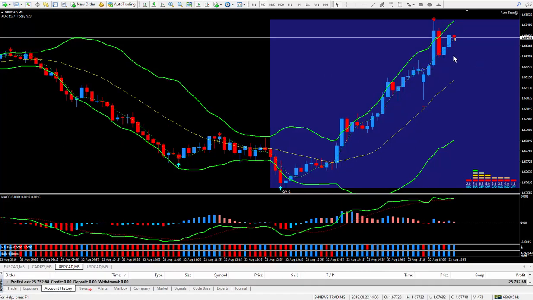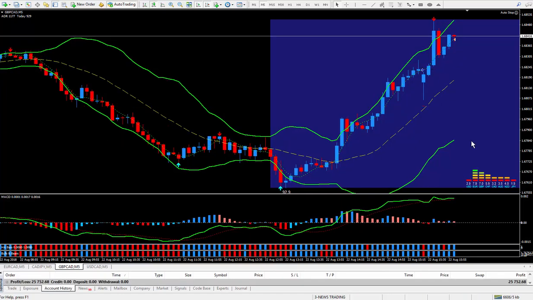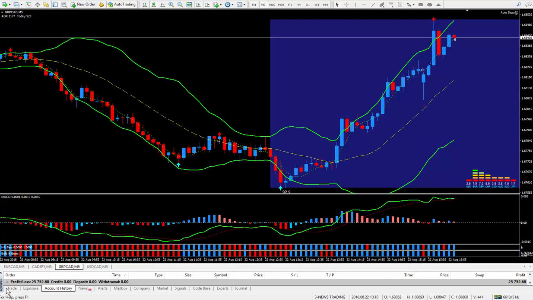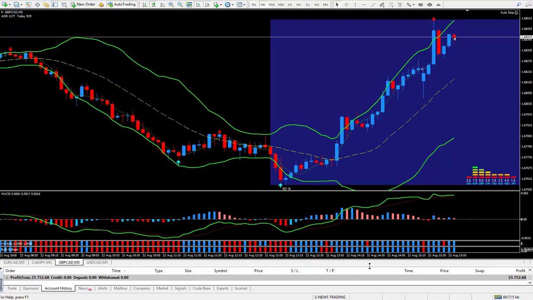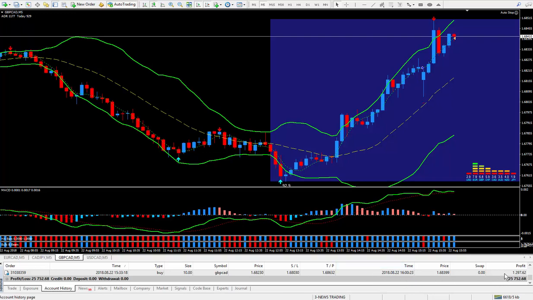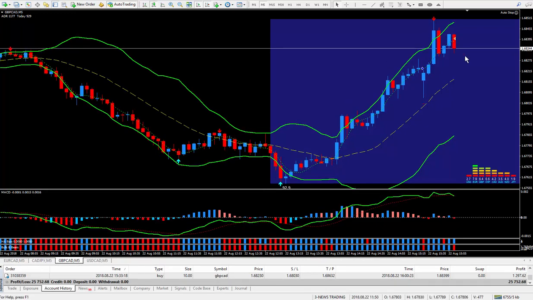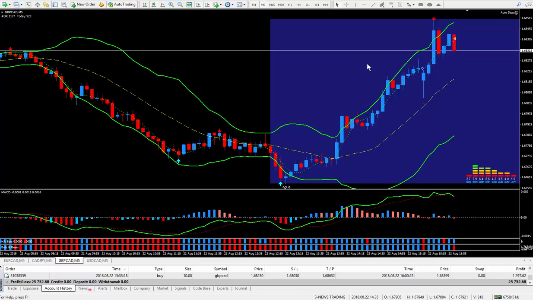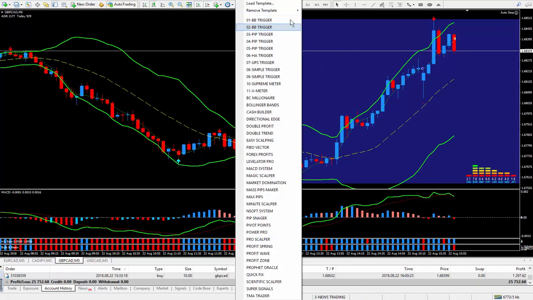Forex Nelson is back. Decided to close the trade as I'm happy with the totals, as you can see down at the bottom here. There it is, pound CAD. I really do enjoy using the Bollinger Bands because it gives me such clarity, and once I follow the rules for trading the pip trigger, and the same rules generally, the Bollinger Bands have slightly different rules.